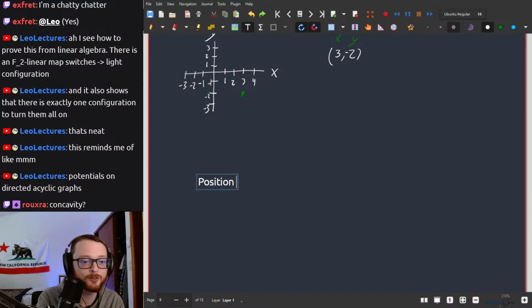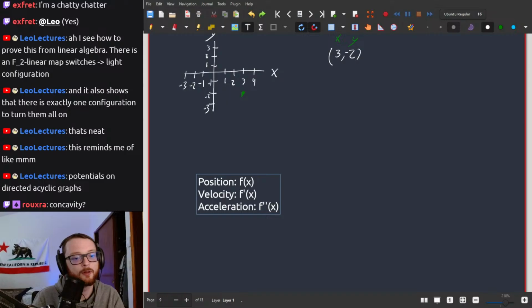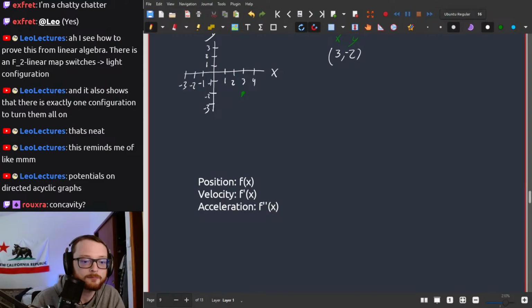So if your position is f of x, your velocity is f prime of x, and your acceleration is f double prime. And so your second derivative basically tells you what your acceleration is like.